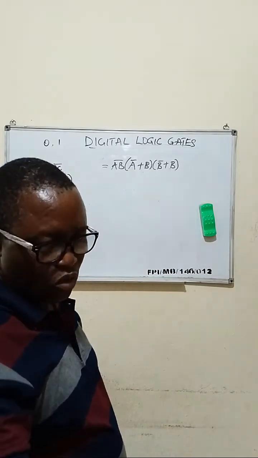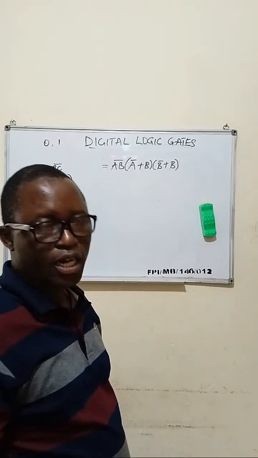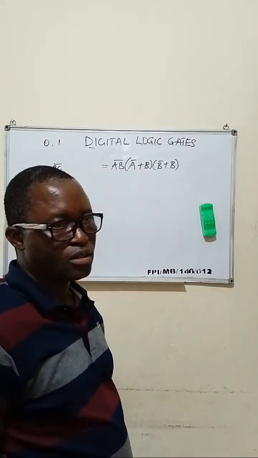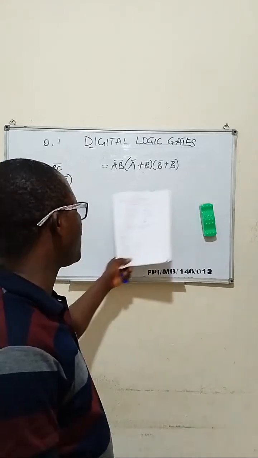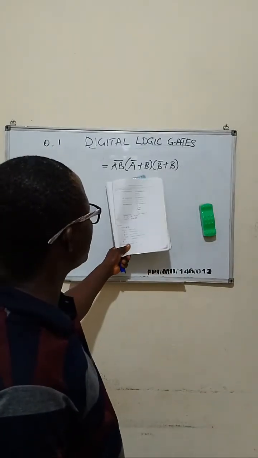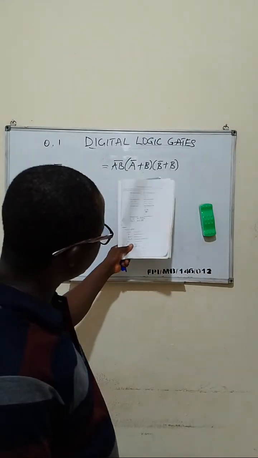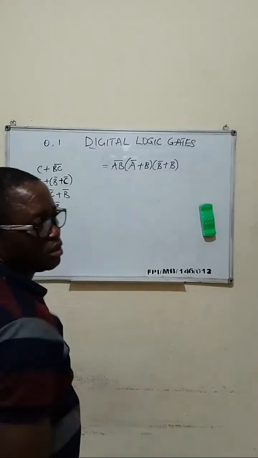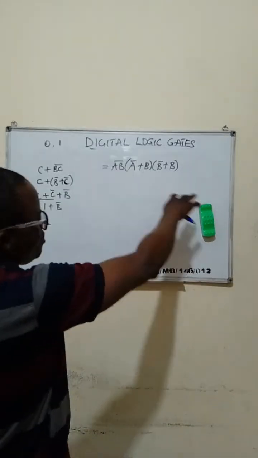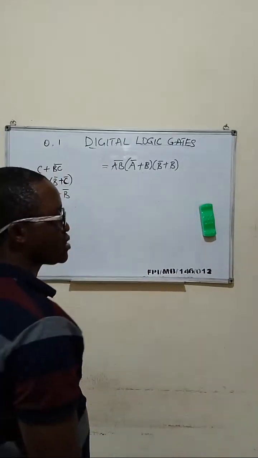We want to save costs, we want to save circuit space, we want to save power that we need on the circuit. So we need to simplify. If this was an output from a combinational logic circuit, then one should not go ahead and buy so many gates to implement. No. You simplify it to the least, then you implement.